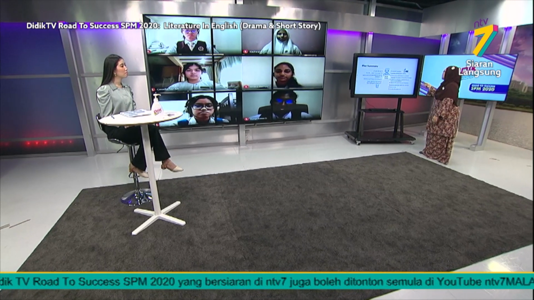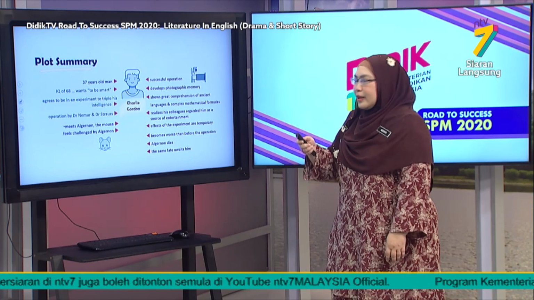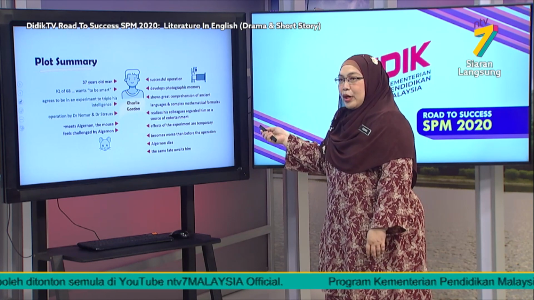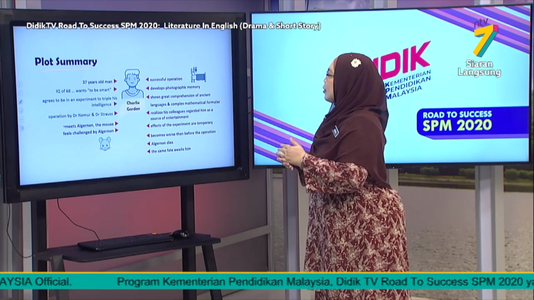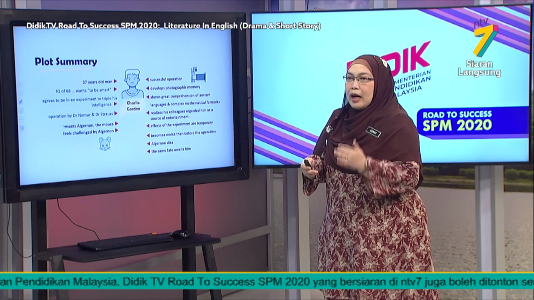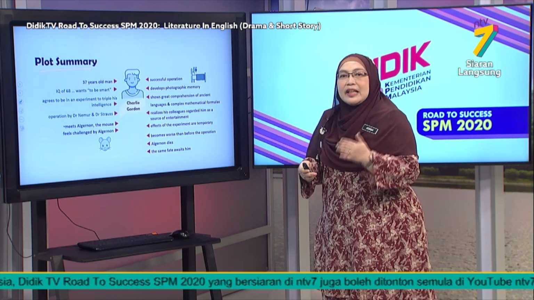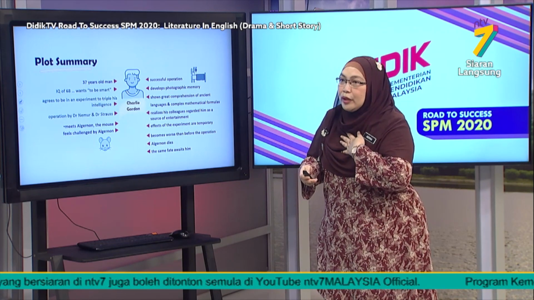You find that his condition actually becomes worse than before he even had the operation. All right? You find towards the end of the play, even the white mouse Algernon dies, and so our protagonist Charlie Gordon is left with the fear, will this same fate fall upon me?